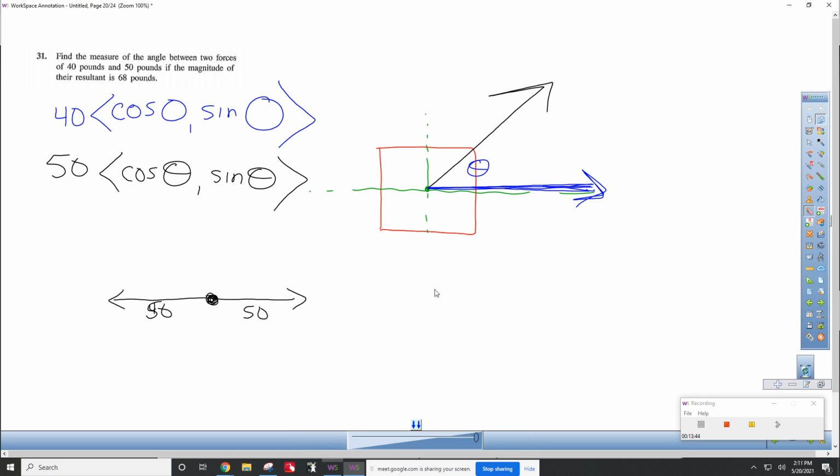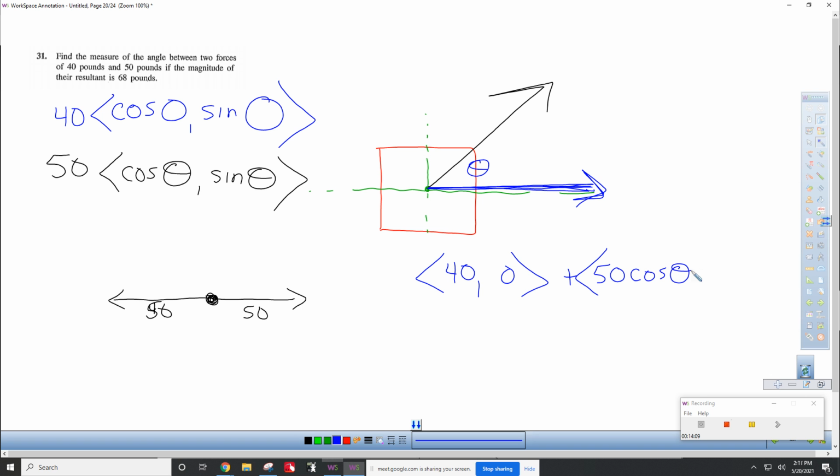Cosine of 0 is 1, so the blue one you end up getting 40, 0, plus 50 cosine theta, 50 sine theta.